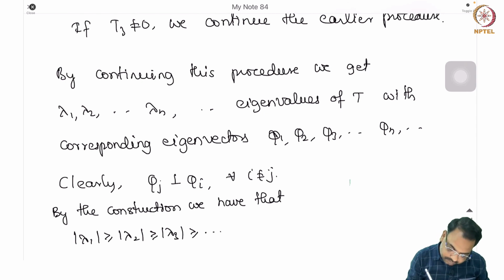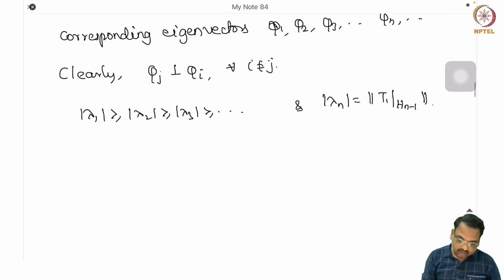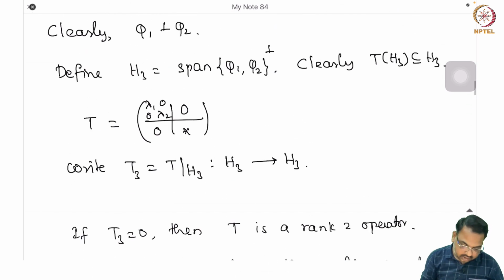In general, in fact, we can say that mod lambda n is nothing but norm of T1 restricted to Hn. This is how we constructed lambda 1, lambda 2, lambda 3, and so on, and the corresponding eigenvectors phi 1, phi 2, phi 3, and so on. Now let us look at the next step.